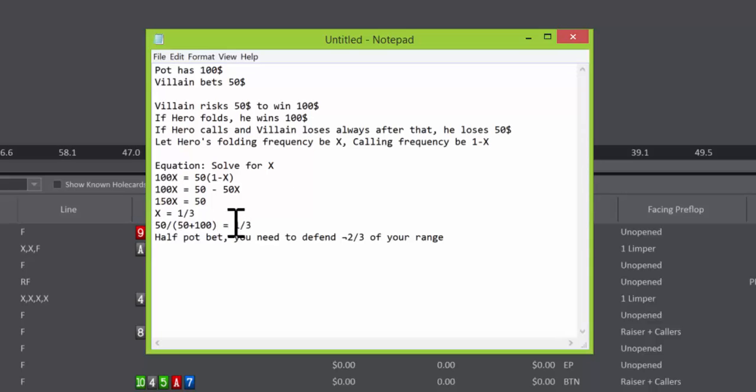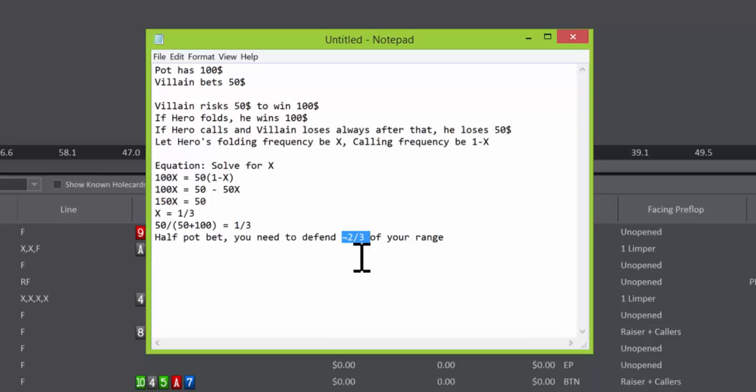So against a half pot bet, he needs 33% fold equity, and consequently, we need to defend 2/3 of our range in order to not allow him a profitable bluff. So 1 minus 1/3 is 2/3.